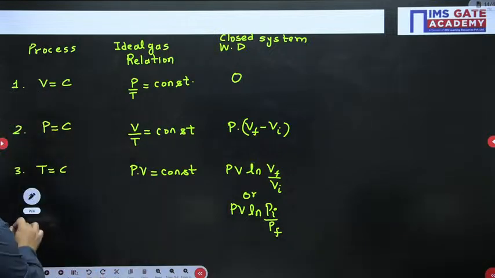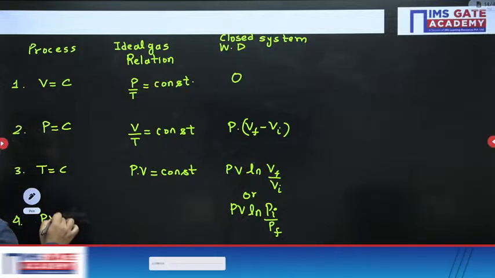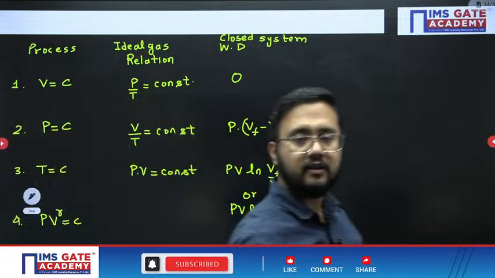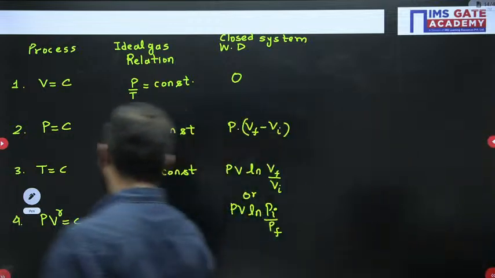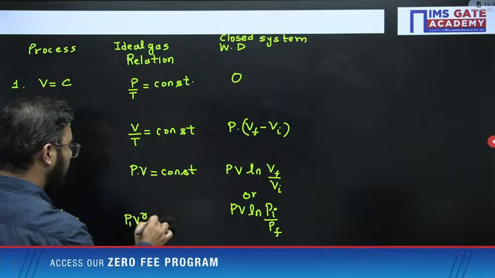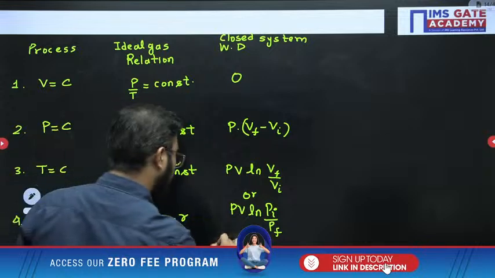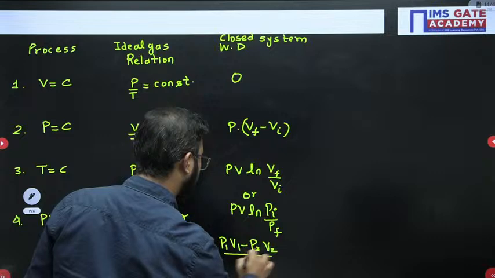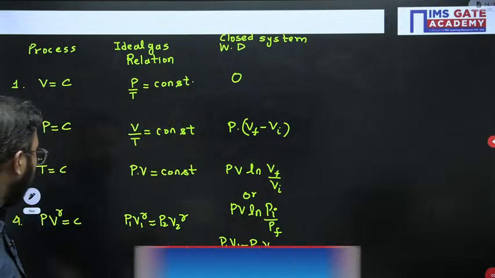Now coming to the fourth one, the reversible adiabatic process, that is pressure times volume to the power gamma equals constant. That is the representation of the reversible adiabatic process. In this case, the relation is P1 V1 to the power gamma equals P2 V2 to the power gamma. Work done formula: P1 V1 minus P2 V2 divided by gamma minus 1. This is the work done for reversible adiabatic.